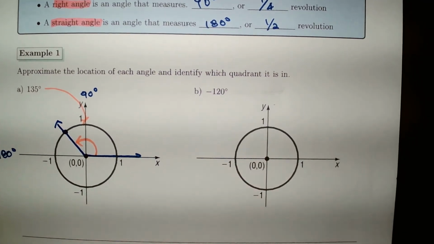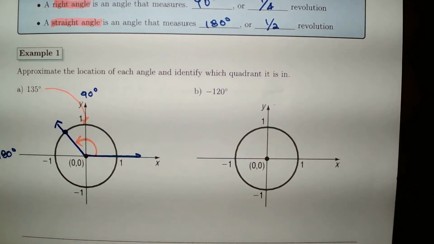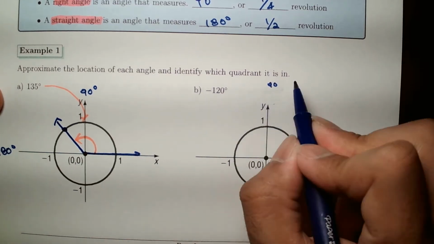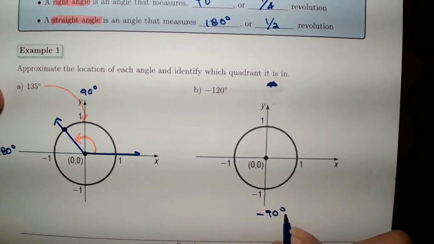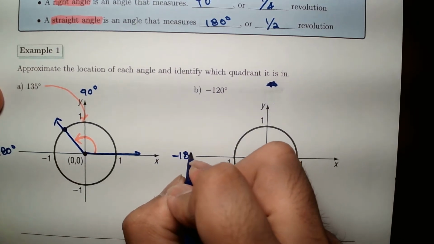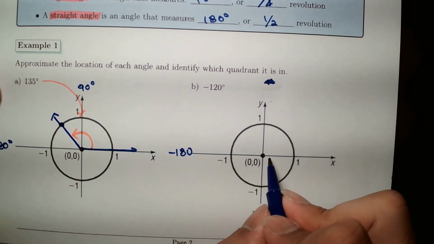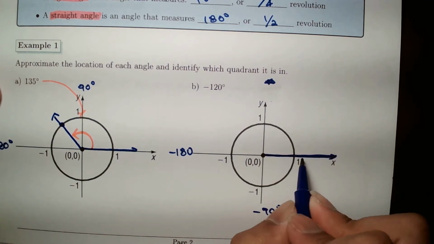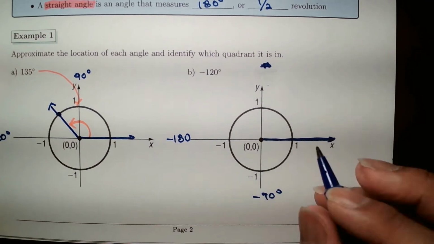Now the other one, negative 120. We're going to go in the other direction, in the negative direction. But in this case, instead of going 90 degrees like I did before, I'm going to go negative 90 degrees, negative 180 degrees. And if this is the initial side again, the positive x-axis is always the initial side, it's worth noting that.